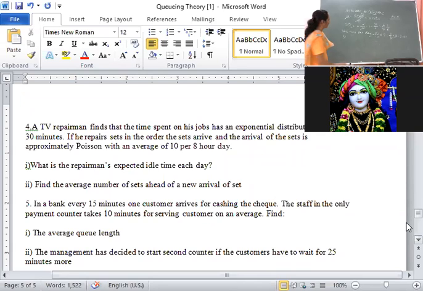The second bit formula is LQ. You know the formula. LQ is equal to lambda square upon mu into mu minus lambda. Substitute the values and tell me the answer, students.